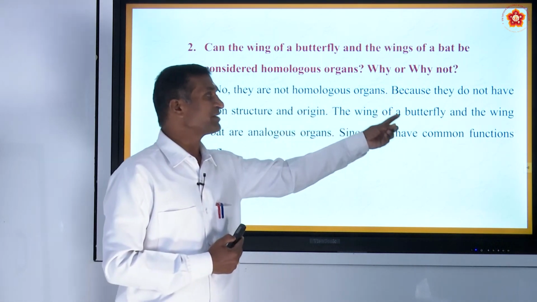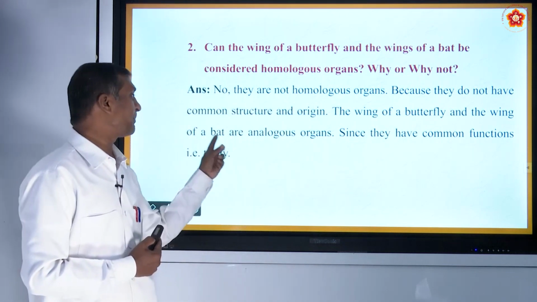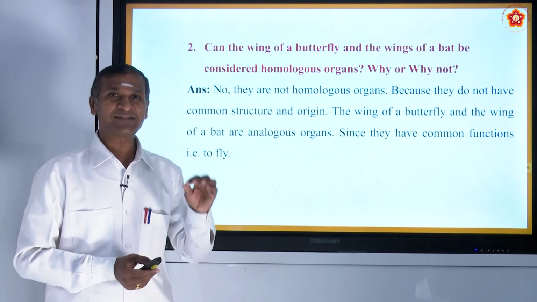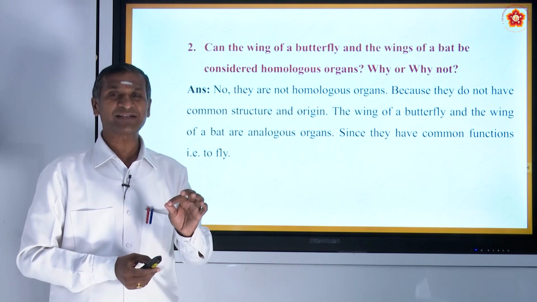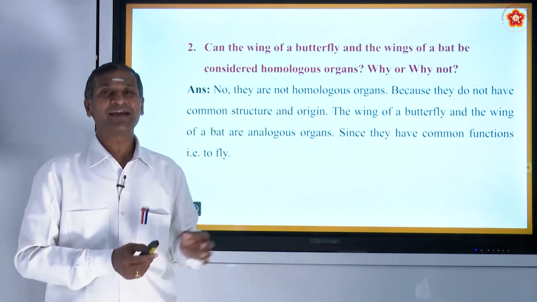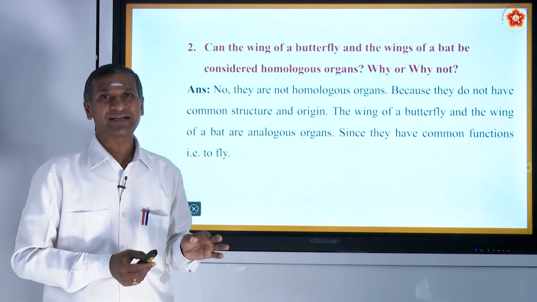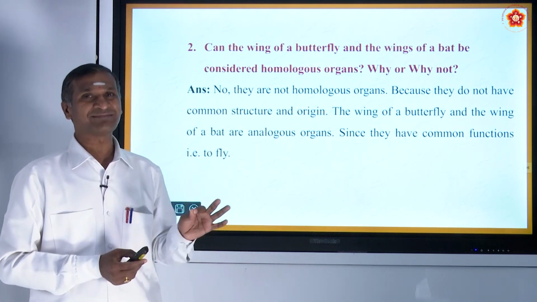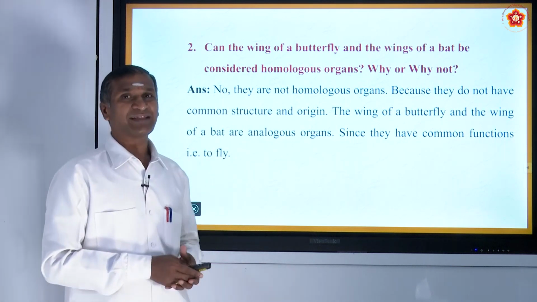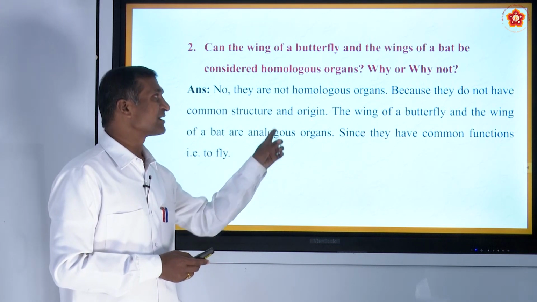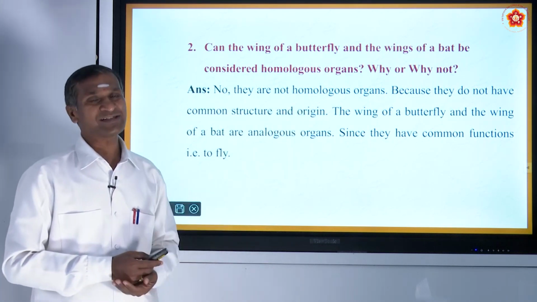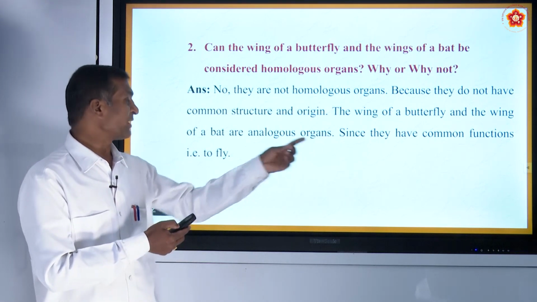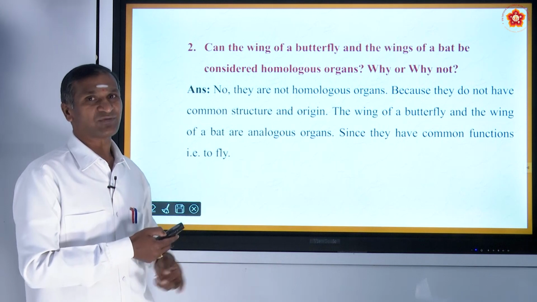The wing of a butterfly and the wing of a bat are analogous organs. They have the same function. Both help in flying. So the function is the same, but their origin differs. Hence, they are analogous organs and not homologous organs.